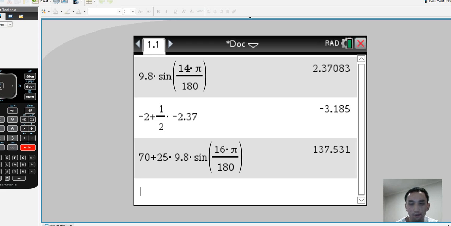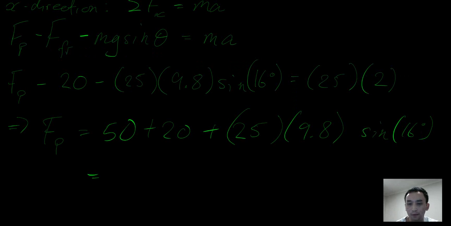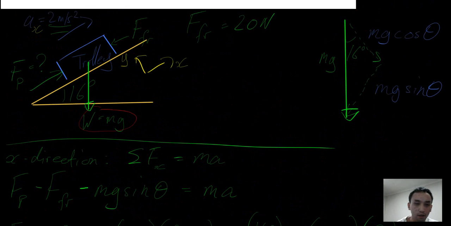And here we have 137.5 to 1 decimal place. So this is the amount of force that we need to push up the ramp. And it makes sense that this is a positive value because our pushing force here is going up the ramp. So naturally we need force in the positive x direction. So that checks out.